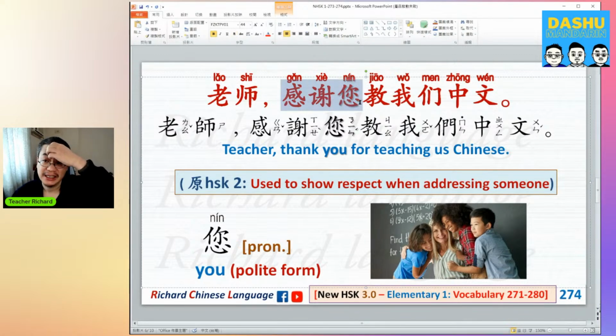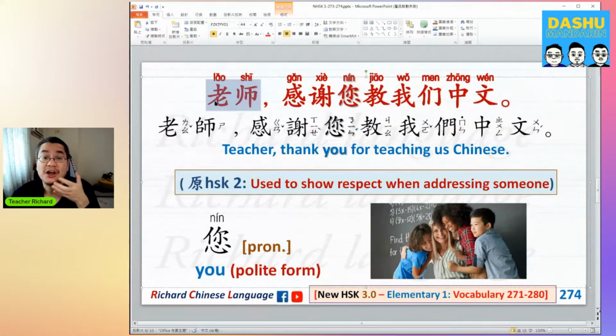So here you're talking to your teacher, and you want to show your politeness or respect. 感谢您 thank you. 我们 means we or us in Chinese. 中文 Chinese. 教 means to teach. 感谢您教我们中文, thank you for teaching us Chinese.